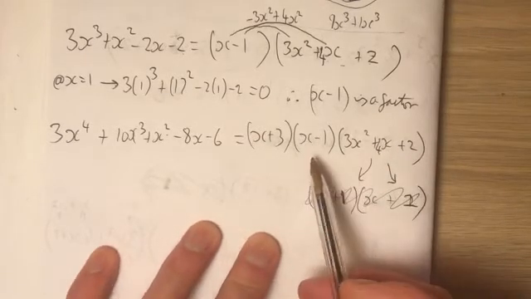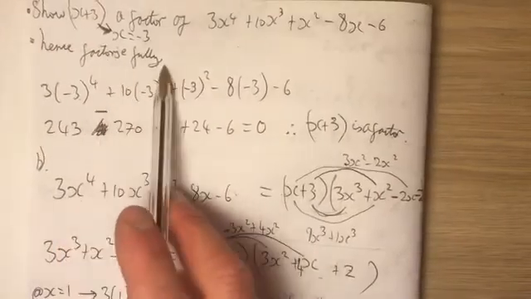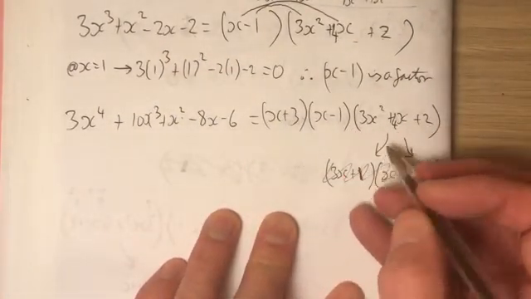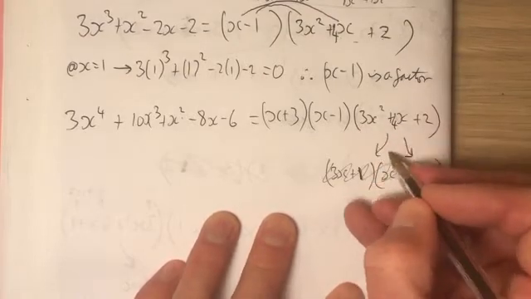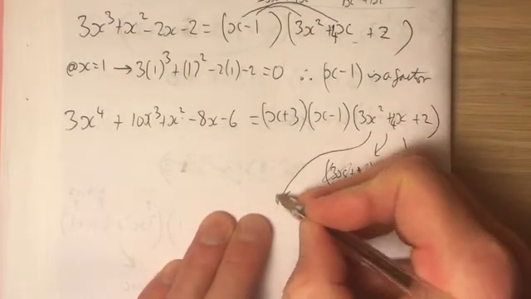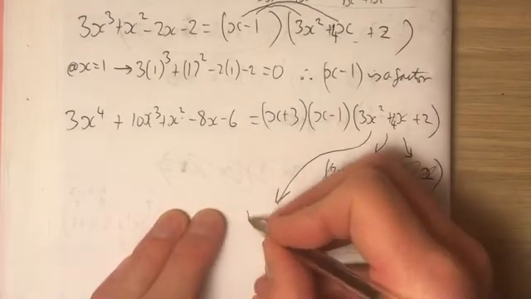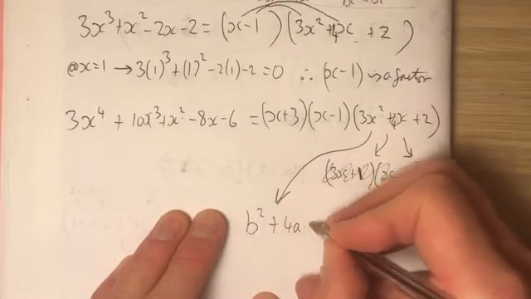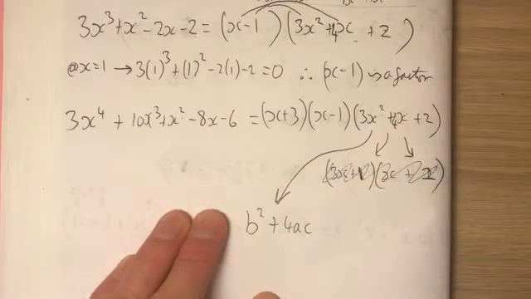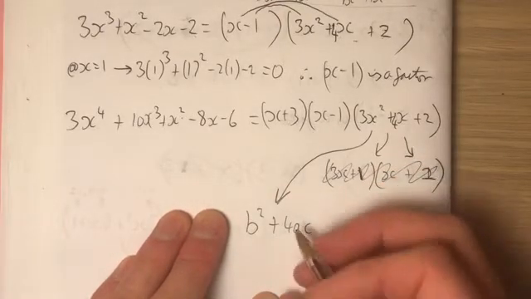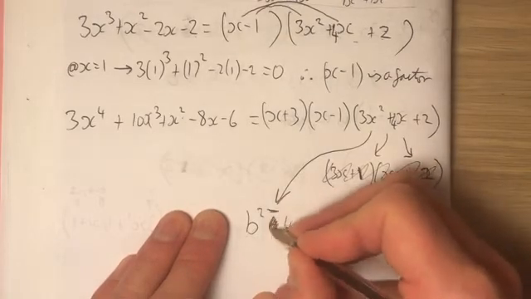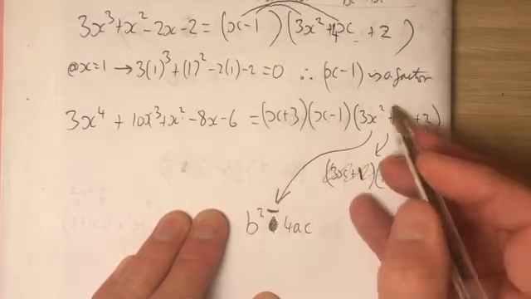Now, it does say in the question, factorize fully. So if this is done, it's going to want me to prove or show that this is done. So instead of trying to factorize it, since I can't, I'm going to show that I'm done. I'm going to use my discriminant to show that this doesn't factorize.